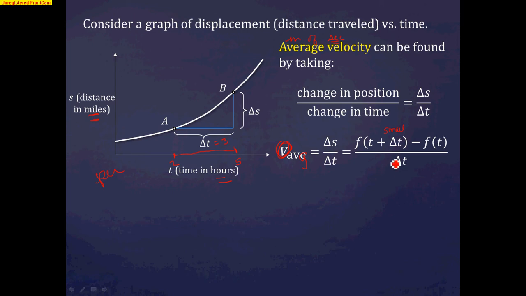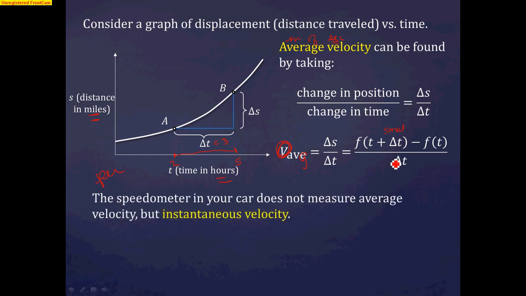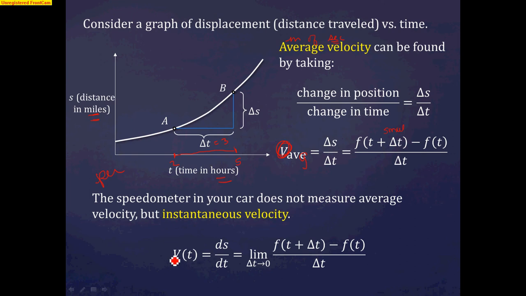That is my velocity average. But as you can see, as in calculus, we haven't been interested so much in average, we've been interested in instantaneous. So, the velocity function is the derivative with respect to time of position.